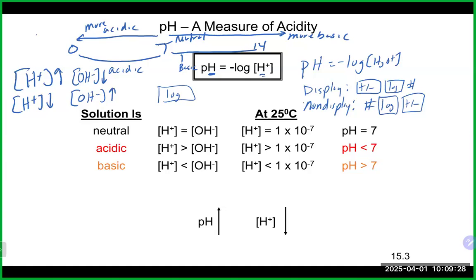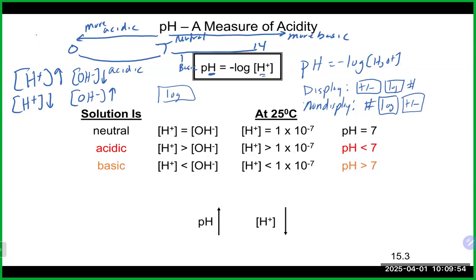So if you have a greater H plus concentration, you're going to have a lower OH minus concentration, and you will have an acidic pH, which is a pH of less than 7. If you have the OH minus concentration, which is larger, that would mean that your H plus concentration is lower, and you will actually have a higher pH above 7 is what you should look at.